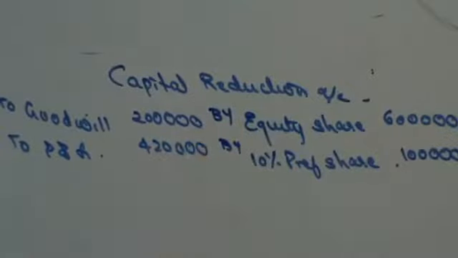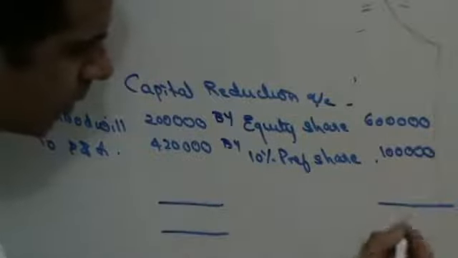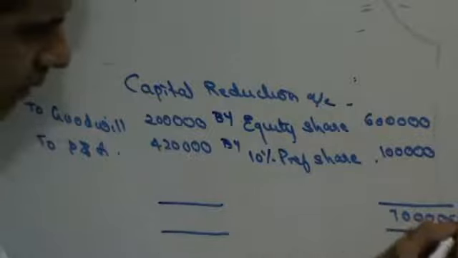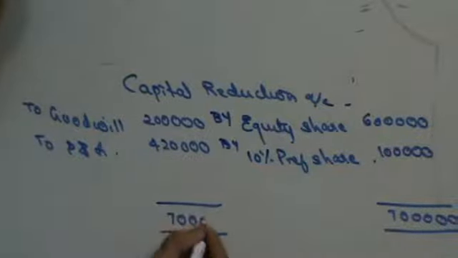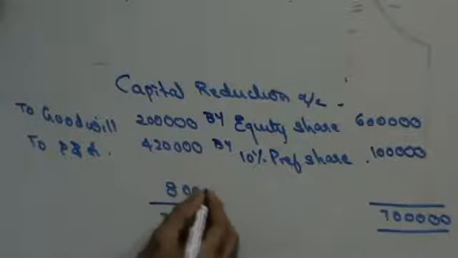Right? Now, this is 7 lakhs and this is 7 lakhs. The difference is going to be 80,000.